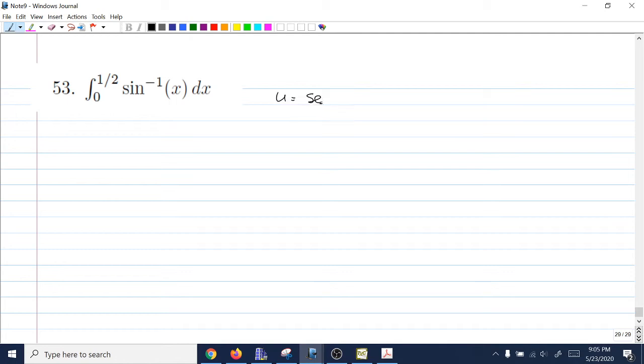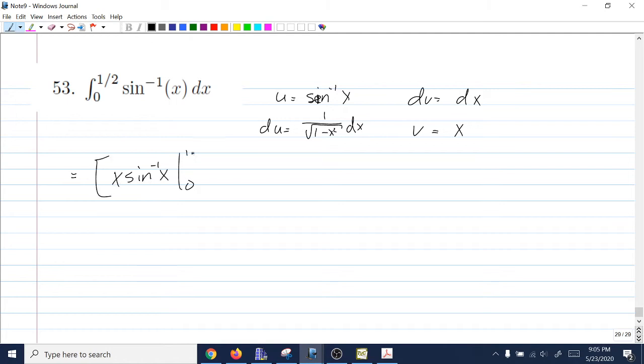U is going to be sine inverse. dv is going to be, everything else is just dx. du is the derivative of sine inverse, 1 over root 1 minus x squared dx. V is the integral of that, which is x. I get uv is x sine inverse x evaluated from 0 to a half minus the integral from 0 to a half of x over root 1 minus x squared.